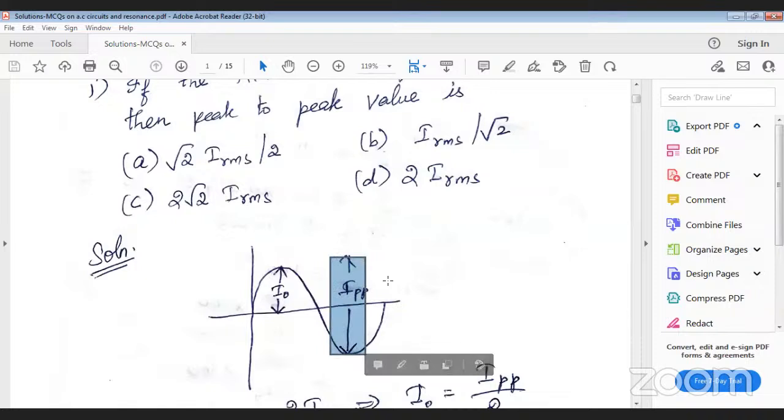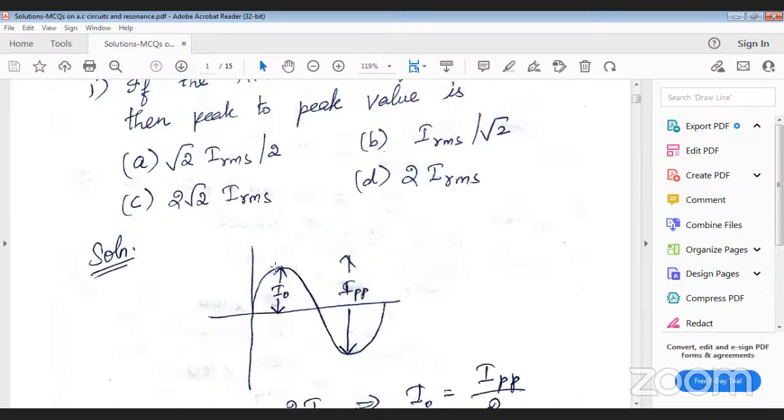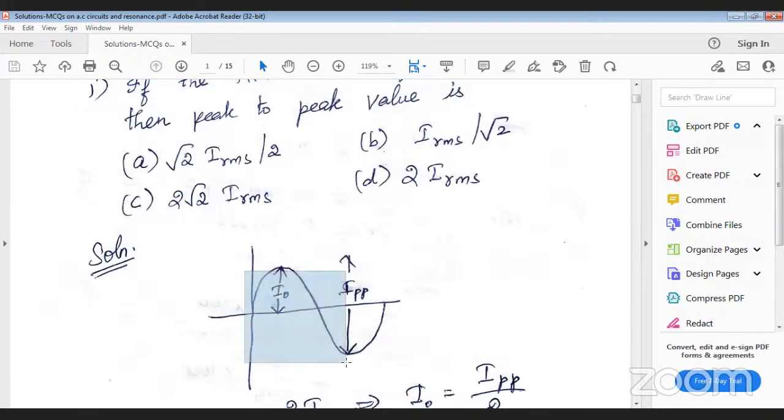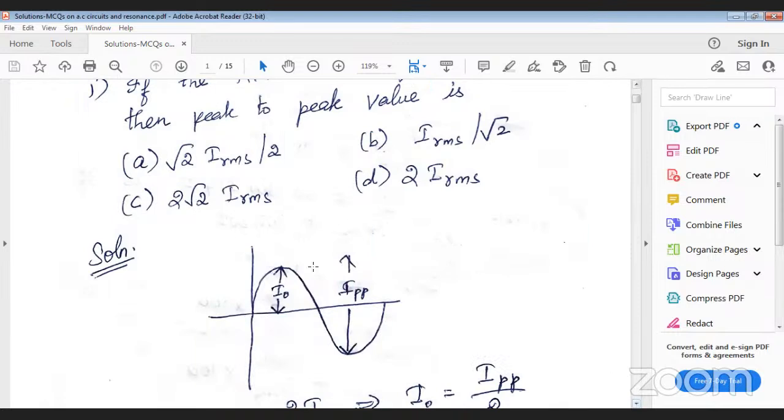From the graph itself, we can understand that the peak to peak value is twice the amplitude. Peak to peak means this is one peak, and the negative peak also you need to take. So the values corresponding to the peaks, from here to here, is the peak to peak value, and that is twice the amplitude.